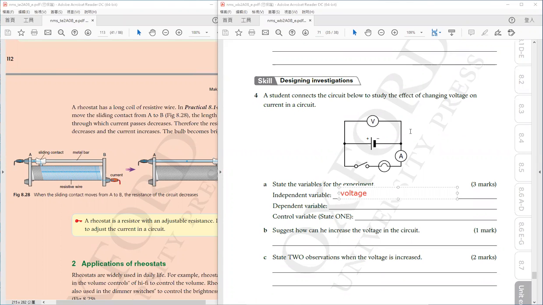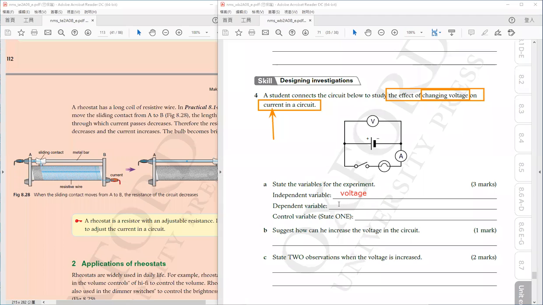Usually in this sentence, the effect of changing voltage on current. We change the voltage first. And a dependent variable is something that we measure. We want to see whether there's any effect on current.